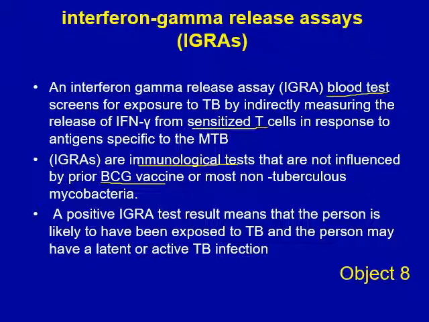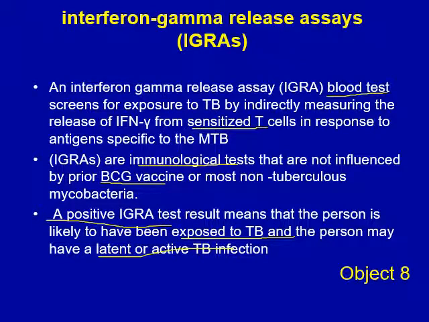But IGRA are immunological tests not influenced by BCG vaccine and almost non-TB mycobacteria also. A positive IGRA test means that the patient likely has been exposed to the TB, and the patient may have latent or active TB.